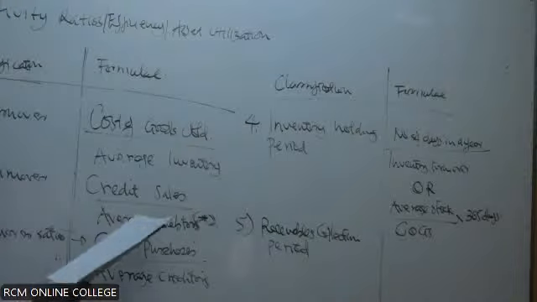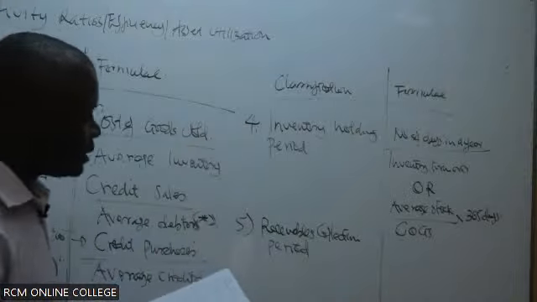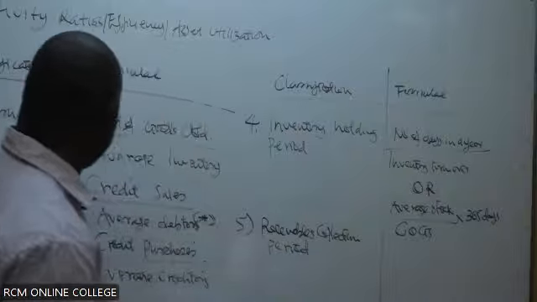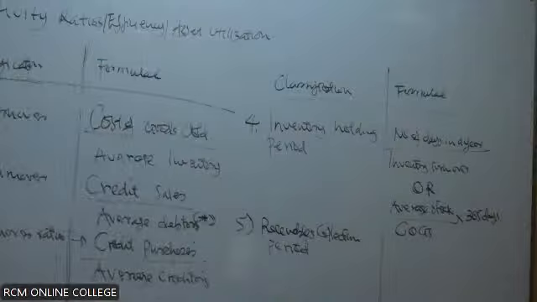So in this case, you take the number of days in a year and divide by this ratio. Here we did the same thing.